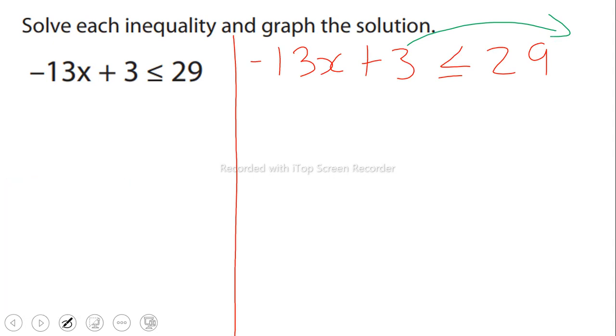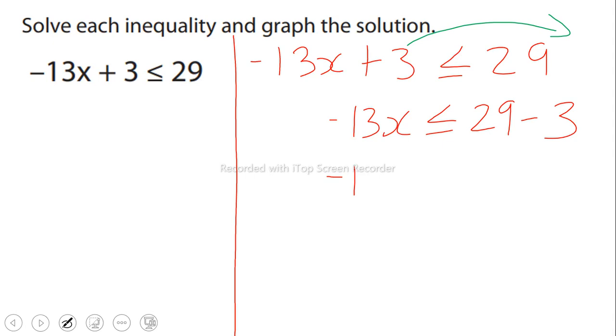So we are left with negative 13x is less than or equal to 29 minus 3. Now what is 29 minus 3? 26. What I forgot to put is negative 13x.